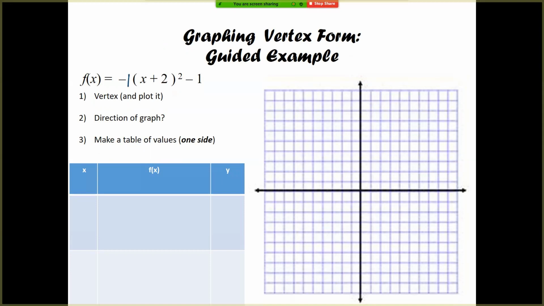First step, we're going to identify the vertex and then we're going to graph it. So to identify my vertex, I want the opposite sign on the inside, so I'm going from a positive 2 to a negative 2. So inside changes signs. The outside just comes down.